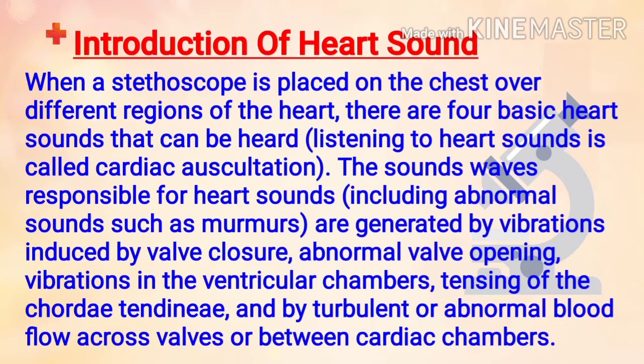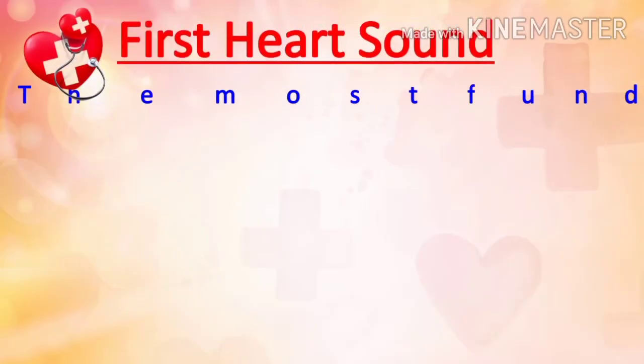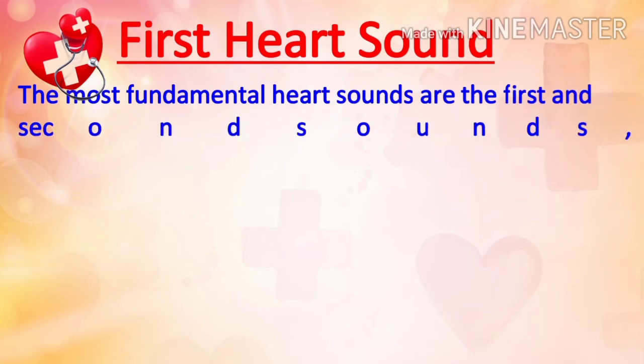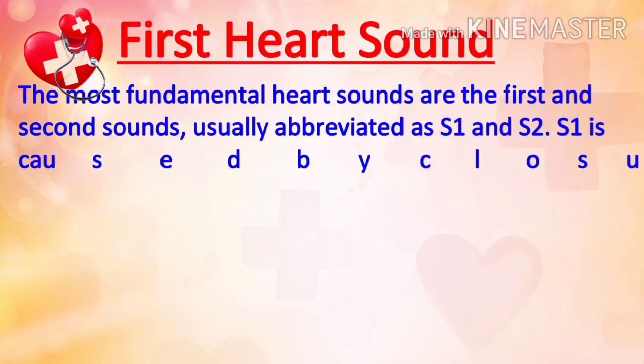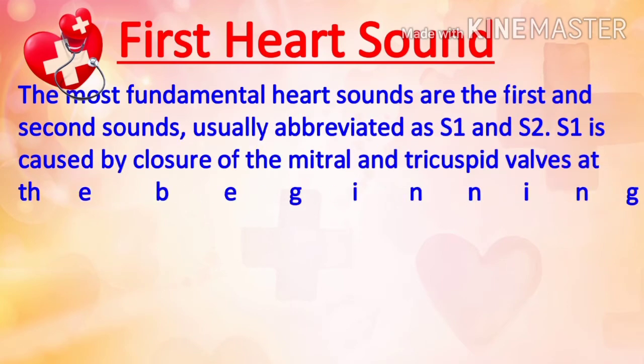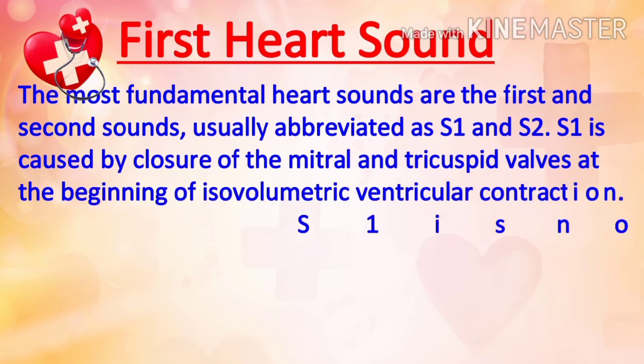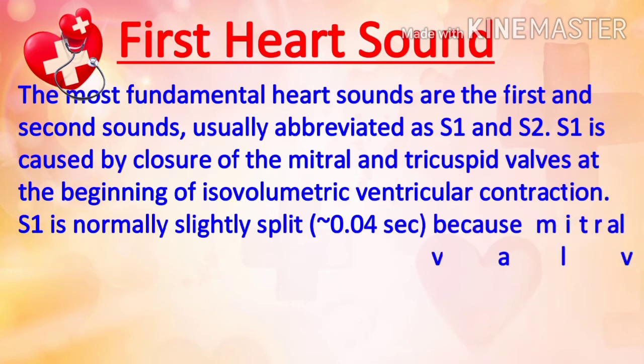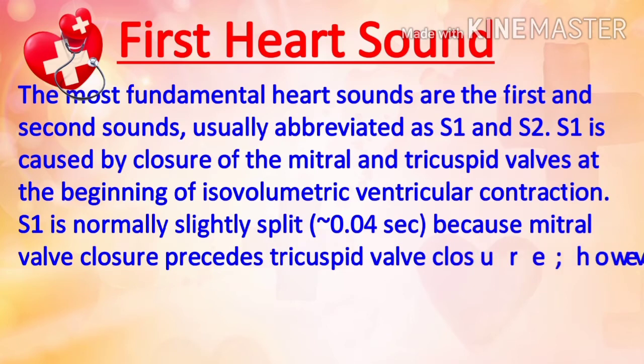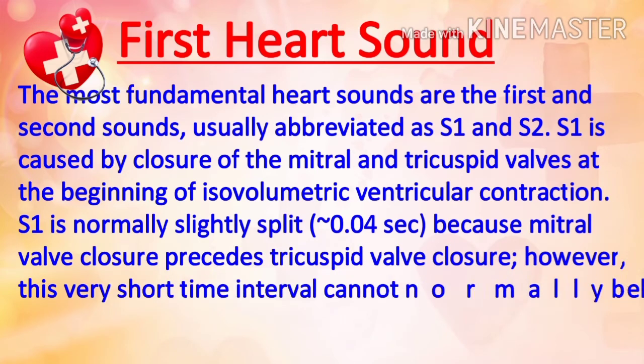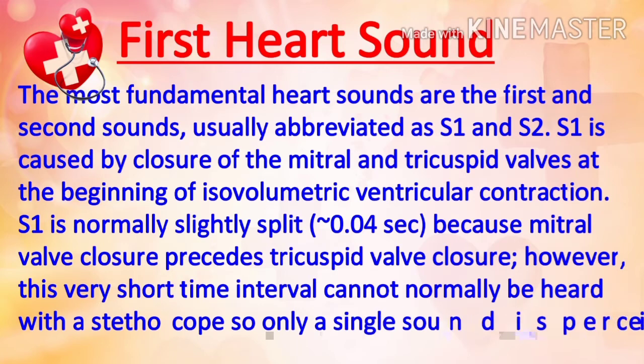Now next, the first heart sound. The most fundamental heart sounds are the first and second heart sounds, usually abbreviated as S1 and S2. The S1 is caused by closure of mitral and tricuspid valve at the beginning of isovolumetric ventricular contraction.